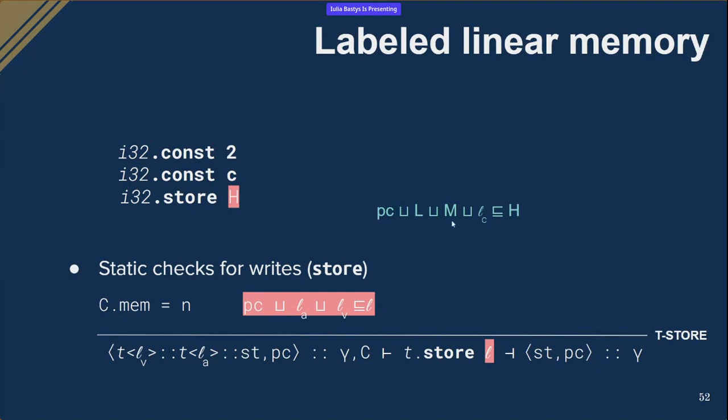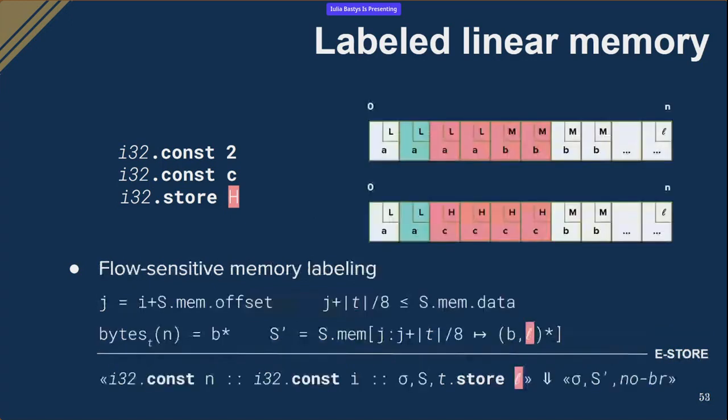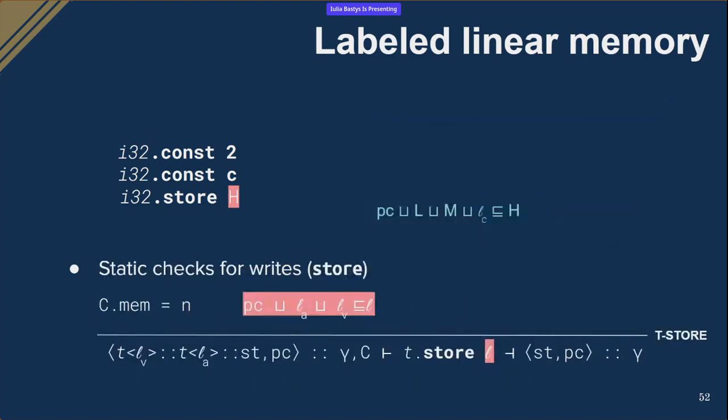We have this long constraint that we have to check, and if this is satisfied, then we can execute the program, and writing will always succeed.